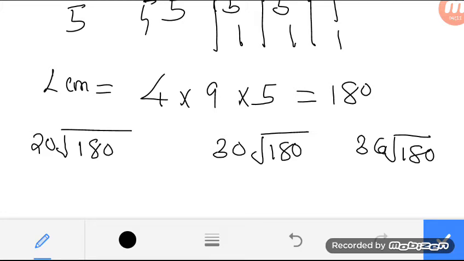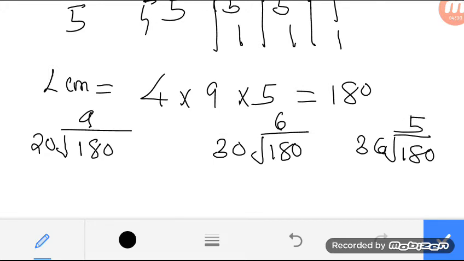I will put the answers there, and you will think, wow, this is exactly what we have to find in this question. Here we get 9, here we get 6, and here we get 5.